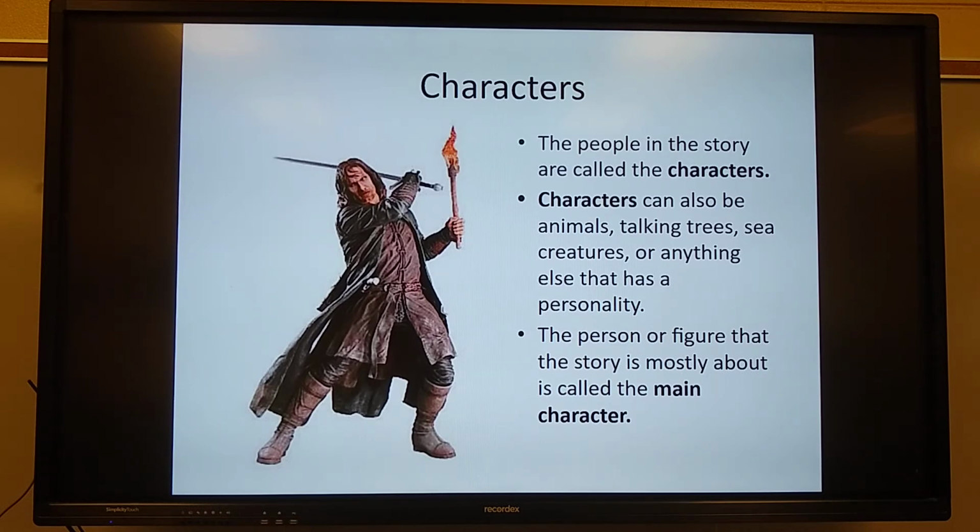So you got characters in the story, and then you got the main character. The main character is who the story is mostly about. And characters are just the rest of the people or animals or whatever that's in the story that is talking and has a personality.